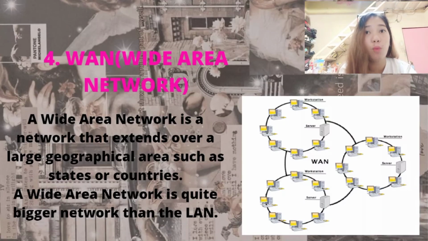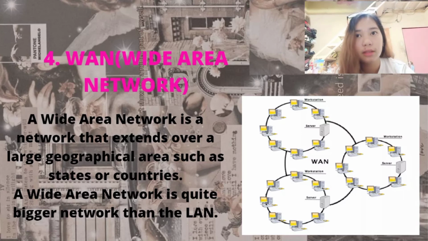Next is the WAN or Wide Area Network. A wide area network is a network that extends over a large geographical area such as states or countries. A wide area network is a much bigger network than the LAN.